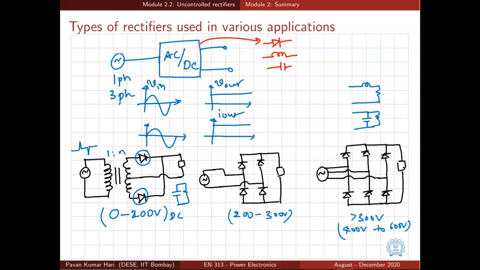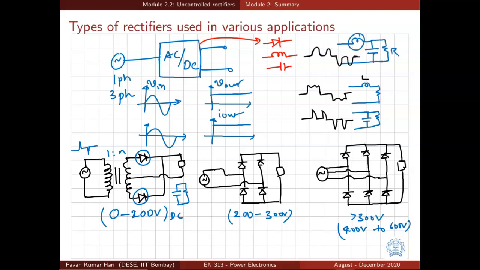And again in the 3-phase case, at the output we can have an L filter or a C filter, but if you use an L filter, the output voltage will be limited to 3 root 3 Vm by pi, whereas if you use a capacitor filter, you can go up to more DC output voltage, but the input current will have huge peaks like this.